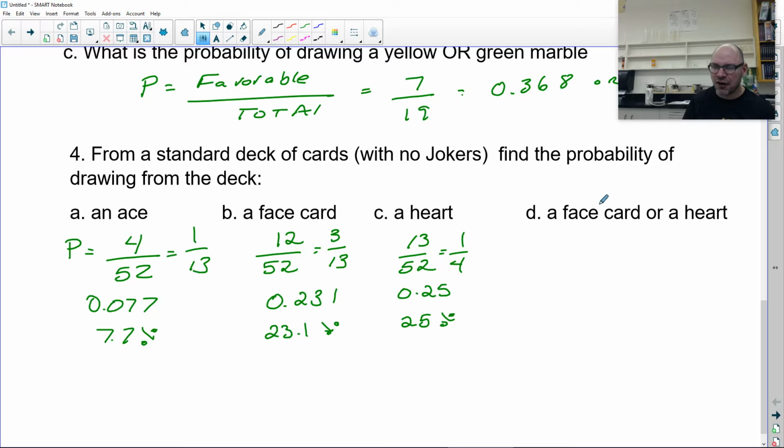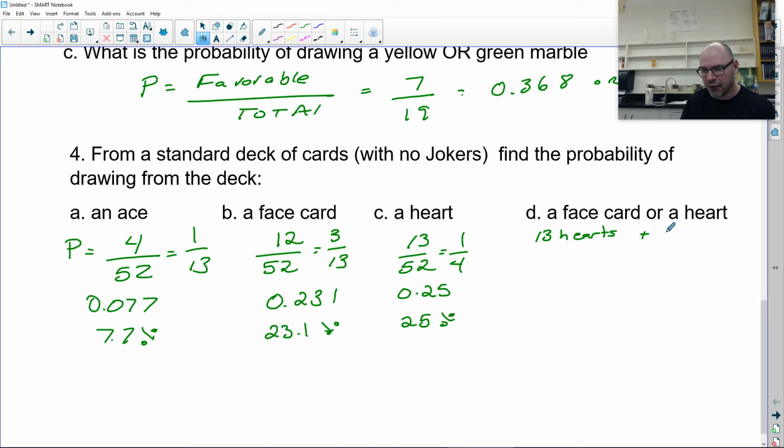A face card or a heart. Now there's 12 face cards and there's 13 hearts, but 3 of those face cards are hearts. So we can't count them twice. So we've got 13 hearts, including the Jack, Queen, and King of hearts, which we don't want to count again. But then what do we have left for face cards that we haven't drawn?